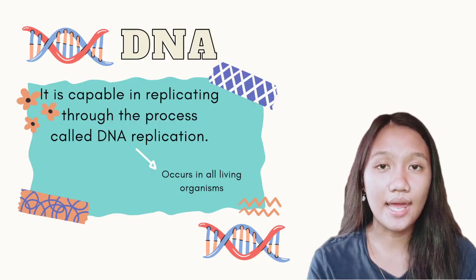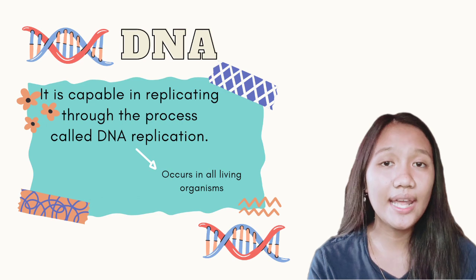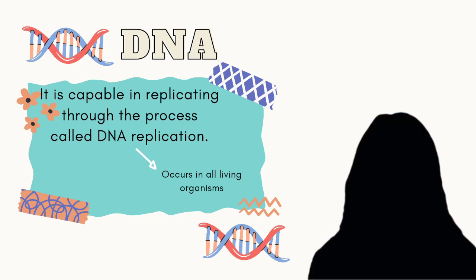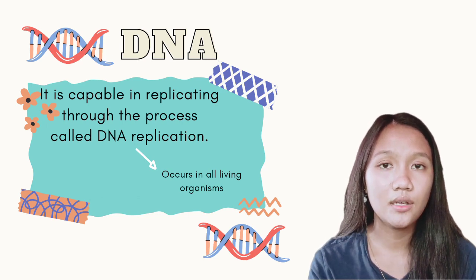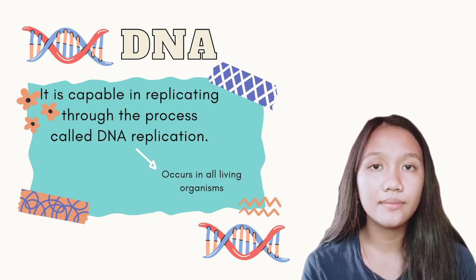When we say DNA, it is capable of replicating through the process called DNA replication. The DNA replication occurs in all living organisms, acting as the most essential part of biological inheritance. When the cells are replicating, they also have to replicate their own DNA.